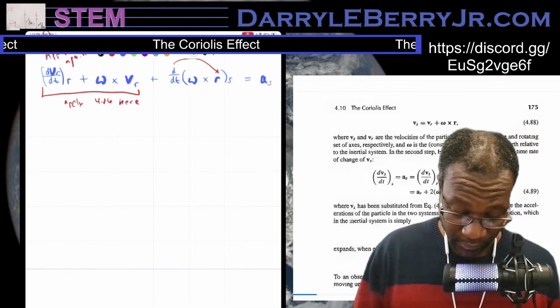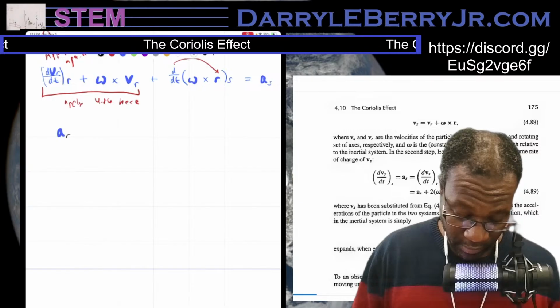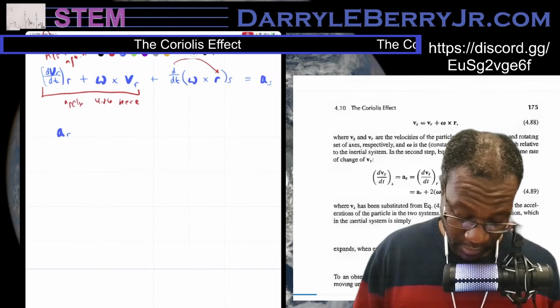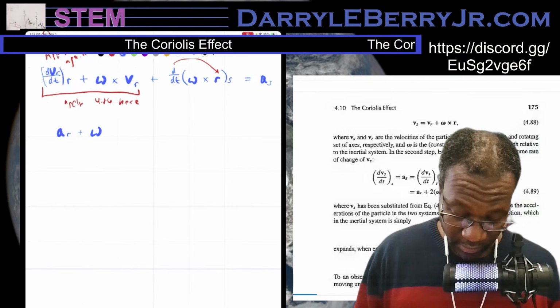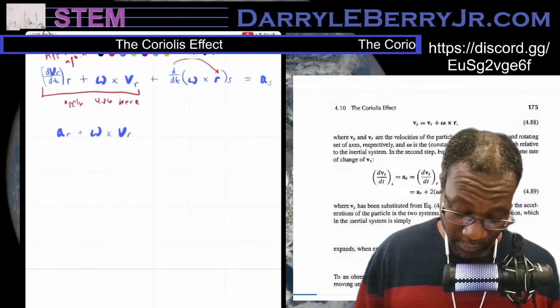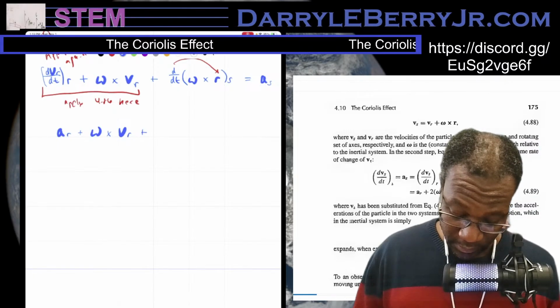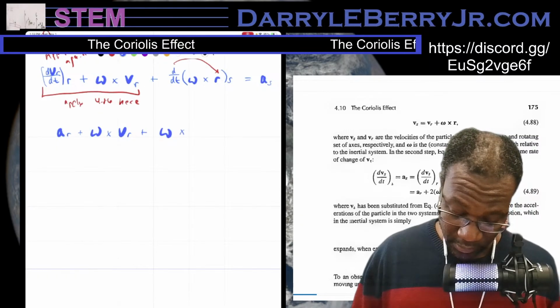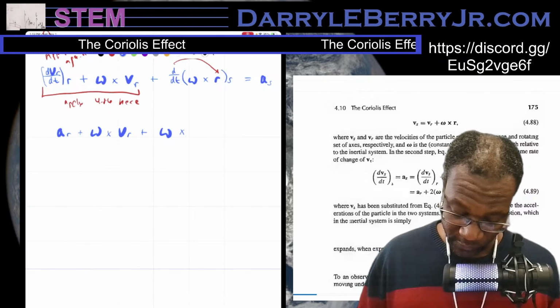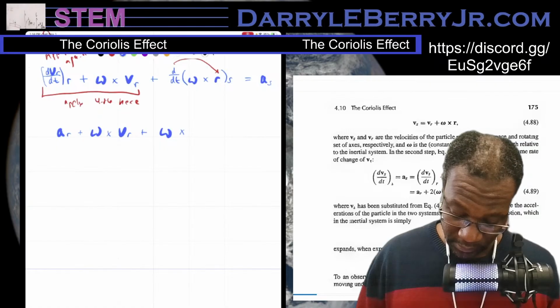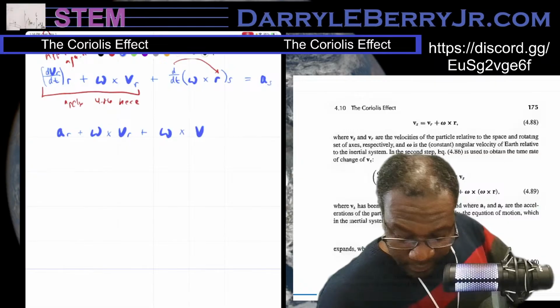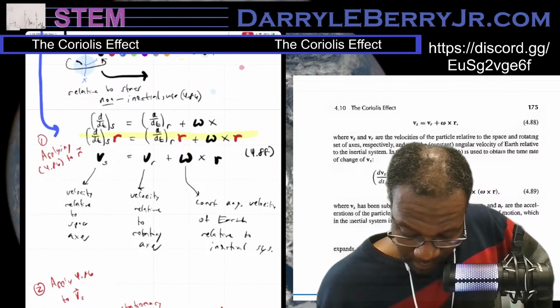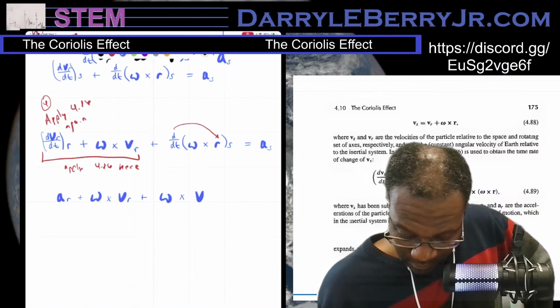So now I have A R plus omega cross V R plus omega cross B. Now the only thing about it is that there must be in the body space.